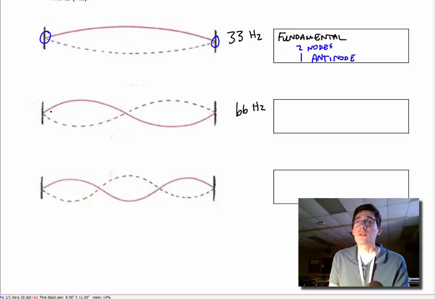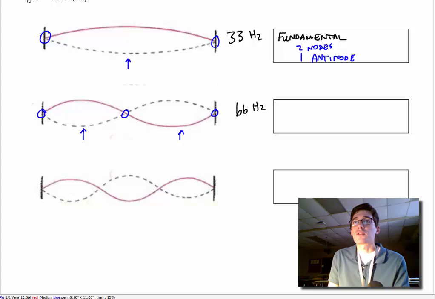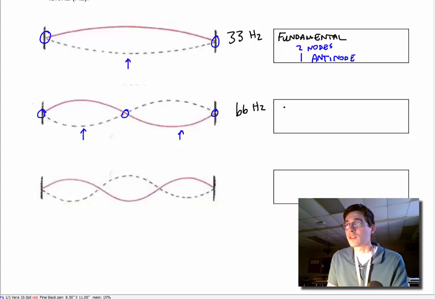We've got more nodes: 1, 2, 3 nodes now, and 2 antinodes compared to our 2 nodes and 1 antinode. This first bump is called the first harmonic. So I've doubled my frequency. This is called a harmonic because I'm keeping that standing wave.